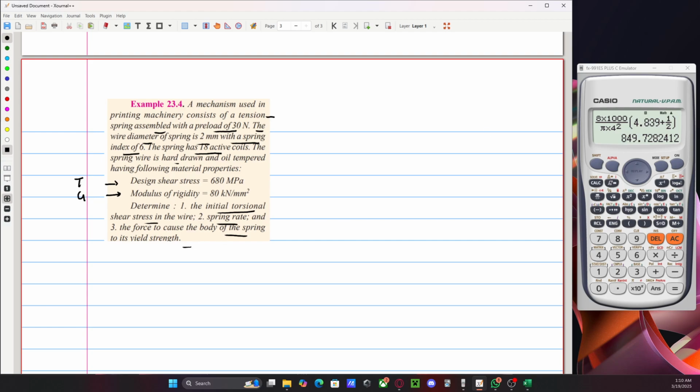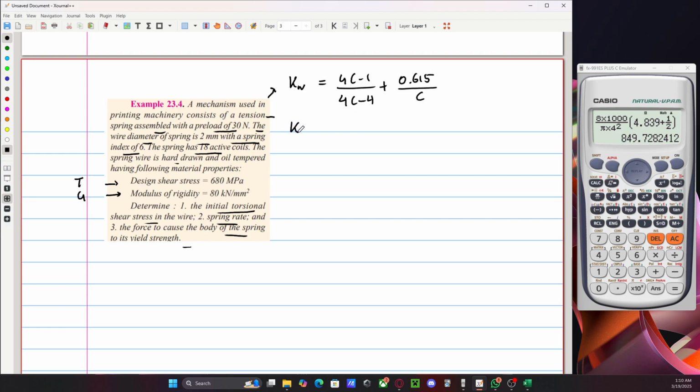So how do we do this? We need to find the torsional stress. Now, torsional stress, again, we can use either Ks or Kw. If we go with Kw, and in this question most likely he will tell you to use Kw, Kw is (4c minus 1) over (4c minus 4) plus 0.615 over c.